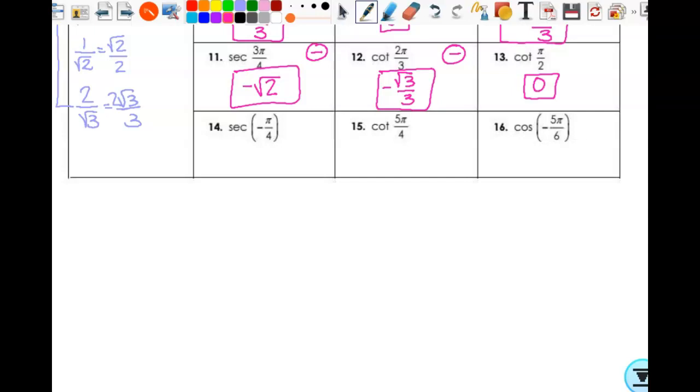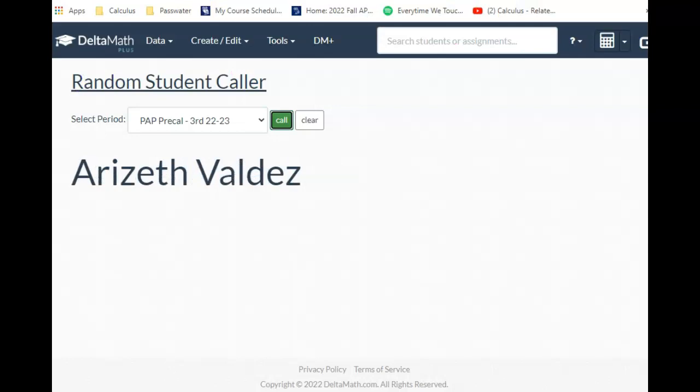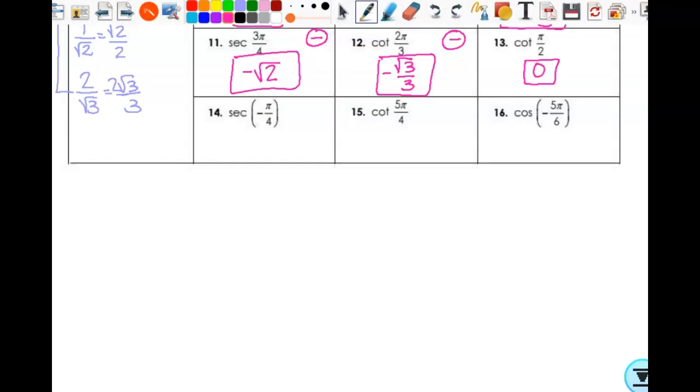Okay, good. Okay, let's see who's going to help me with these. Secant is the reciprocal of cosine.